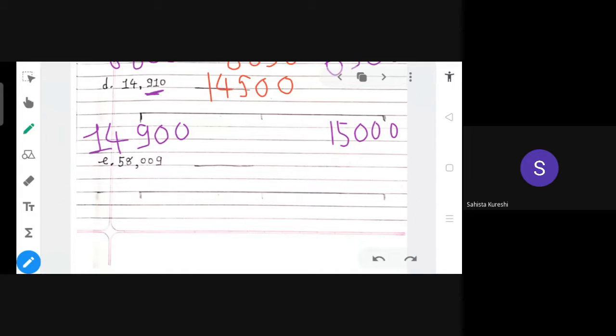What is the heading? The heading is round to the nearest 100. Means you have to see two zeros. It can be three zeros also. So you tell me the before number of this, 58,009. Before that, which number is there? 58,008, right?